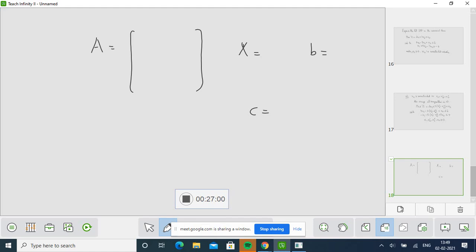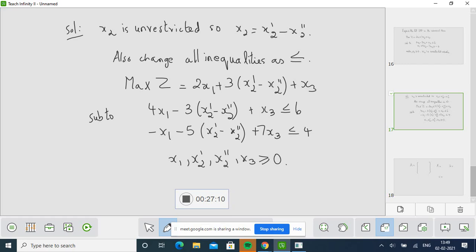What is the dimension of A? You should take only constraints. So what is the dimension? 2 rows. How many variables are there? 2 into 3?